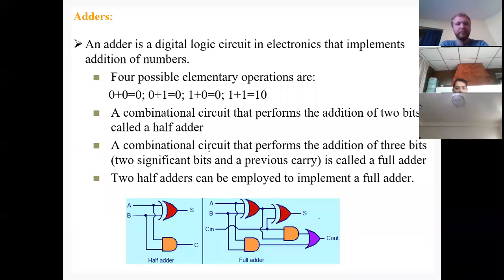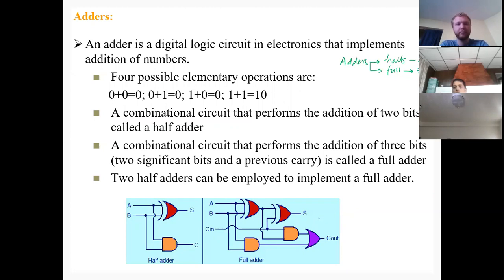Okay, so we talked about adders. There are two kinds of adders: half and full. Half adders can add 2 bits and full adders can add 3 bits.